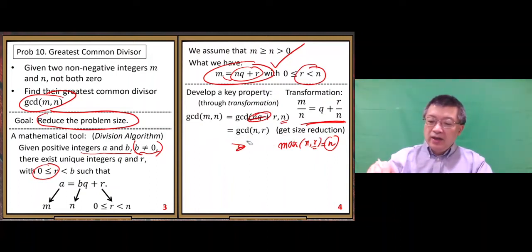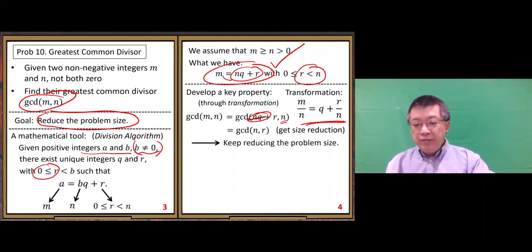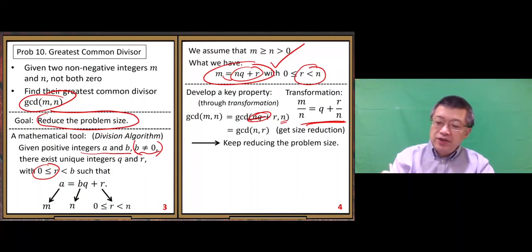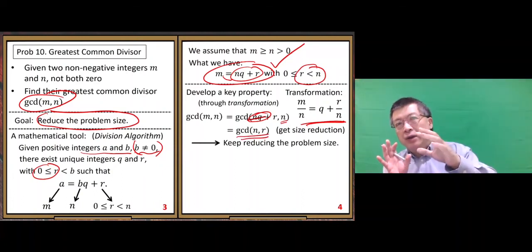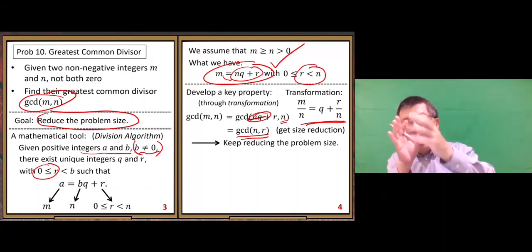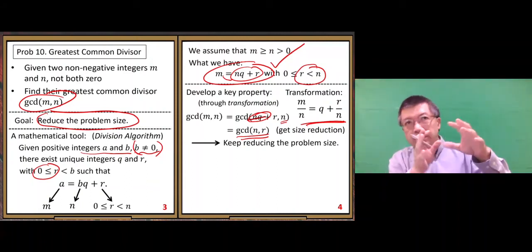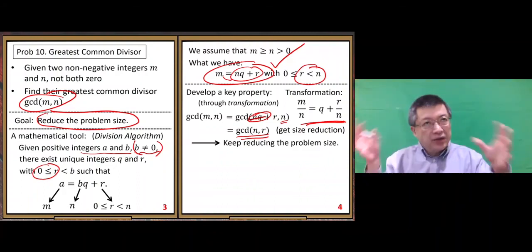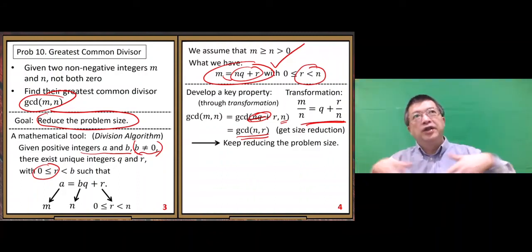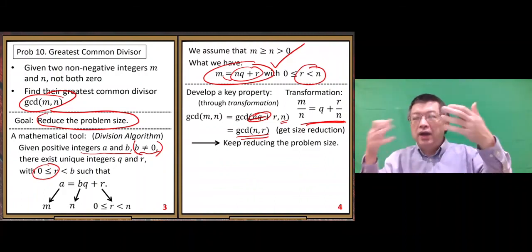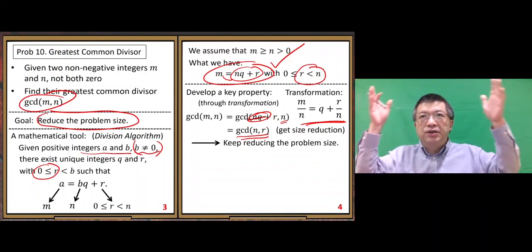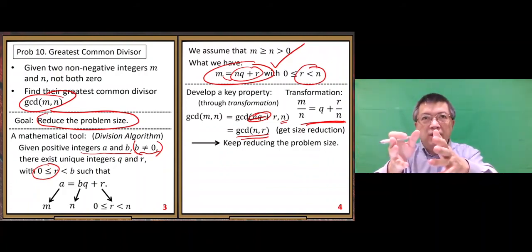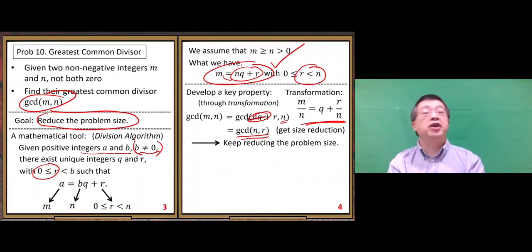All right, and next, we can keep doing this. Because for this GCD, can we do another round of the division algorithm, quotient, remainder, reduction? So you keep doing this again and again, and finally you will get to an answer where you cannot reduce the size anymore.